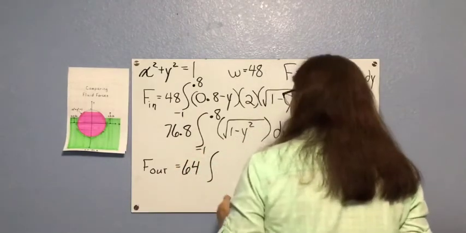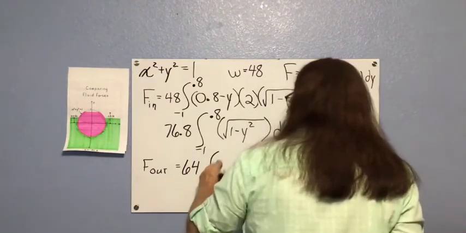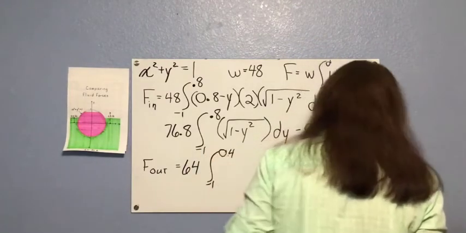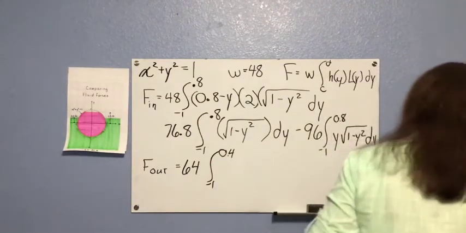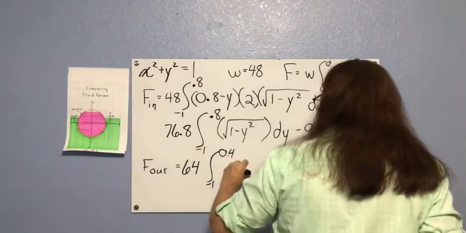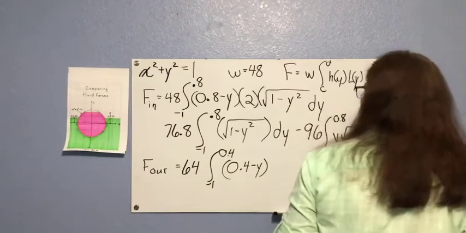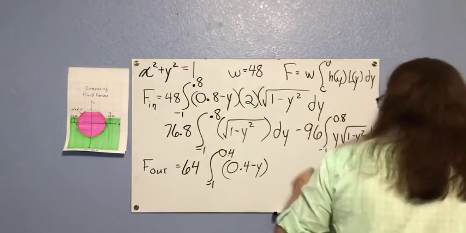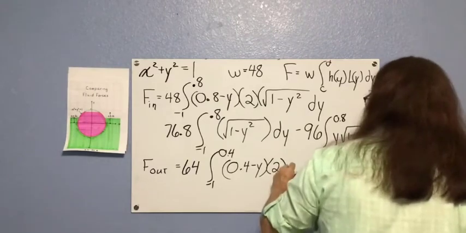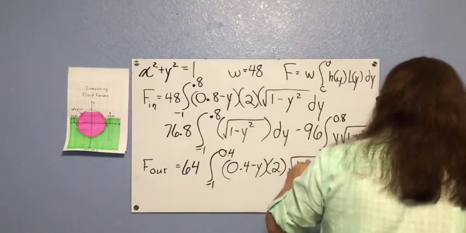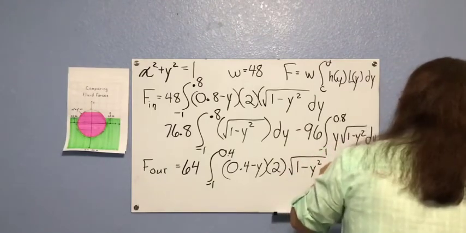This time we're going to integrate from -1 to 0.4. 0.4 minus y, that's our value for h of y. And again, 2 times the square root of 1 minus y squared dy.